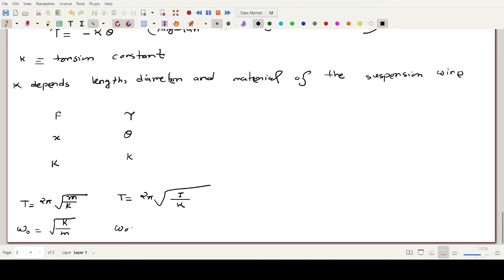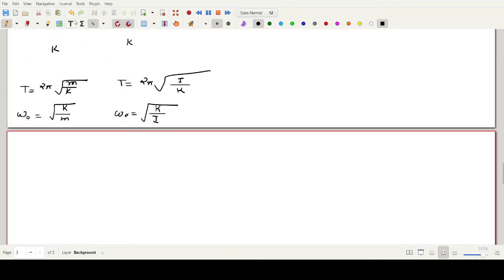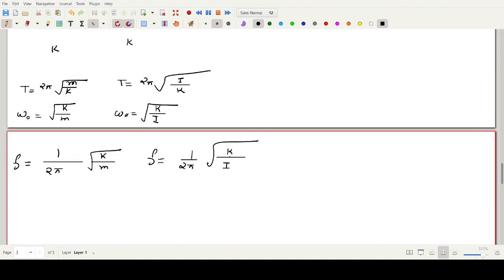Here the angular frequency is root over kappa by moment of inertia I. The frequency is 1 over twice pi root K by m, and here the frequency is 1 over twice pi root kappa divided by I. This is the Greek letter kappa, which I think all of you are familiar with.